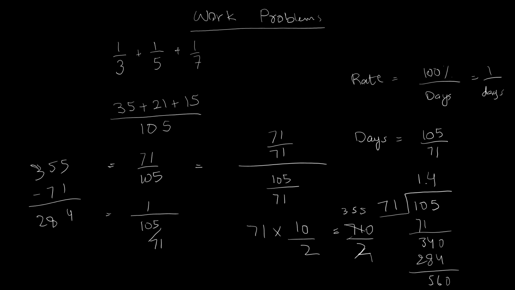So now it's around 7, because 7 times 7 is 49. So 71 times 7 would be 497. So that's why you can choose 7. You may not choose 8, because 8 would obviously be greater than 560.